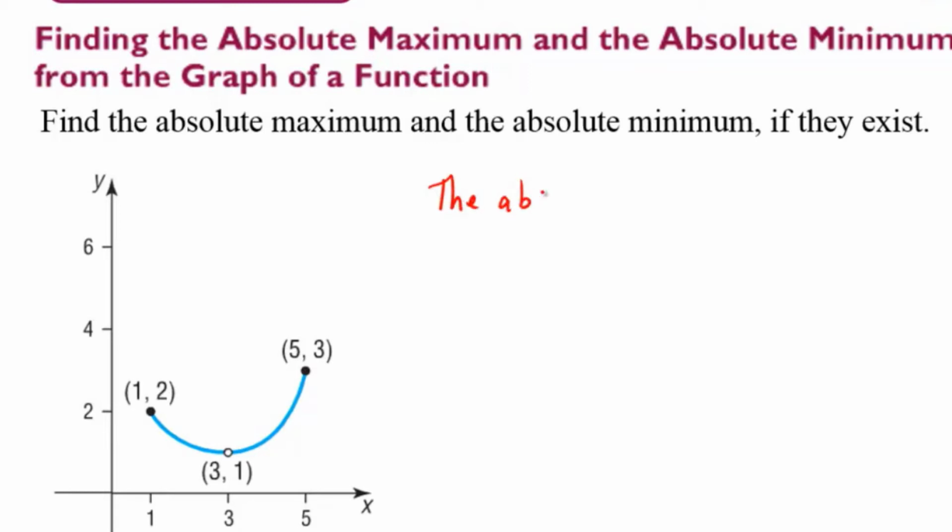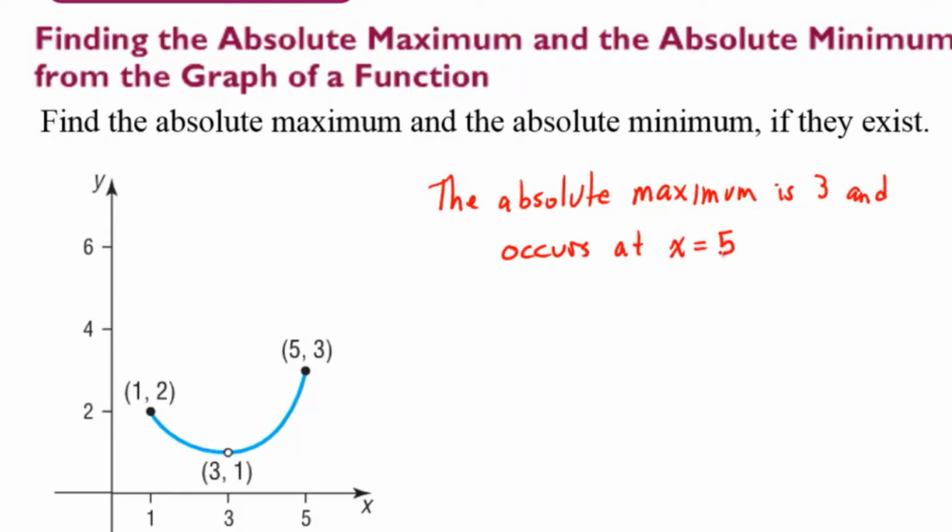Yep, the absolute maximum is 3, and it occurs where? At x equals 5, because you can see that the point 5 comma 3 is the highest point on the graph. You can't get a higher value.